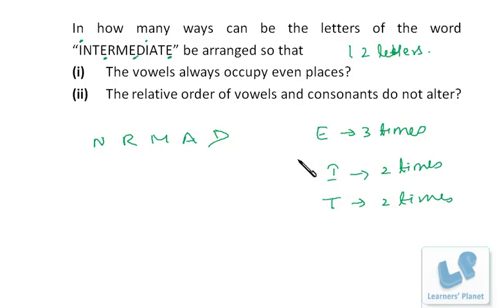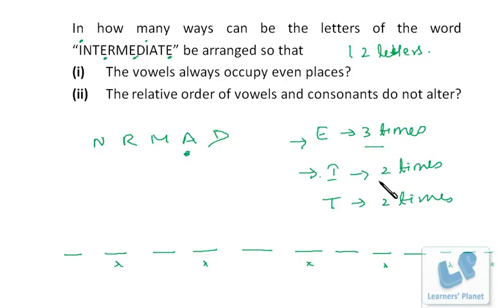Now we have vowels, how many vowels? This E, this I, and this A, right? So we have 6 vowels, right? Now we have 12 places, 1, 2, 3, 4, 5, 6, 7, 8, 9, 10, 11, 12, right? Now in these 12 places, vowels should be at even places. So 1, 2, 3, 4, 5, 6 choices we are having, right?